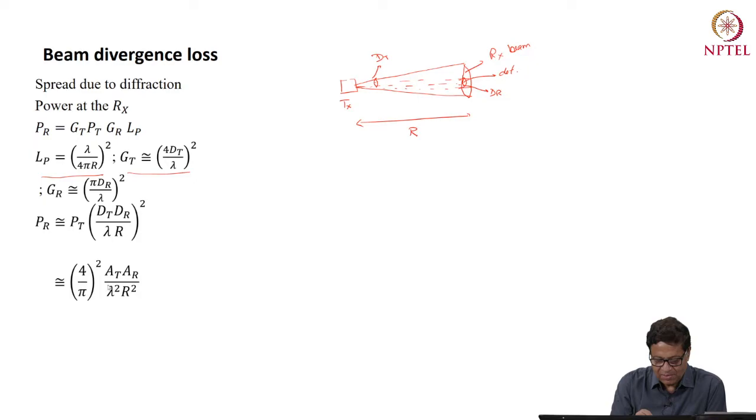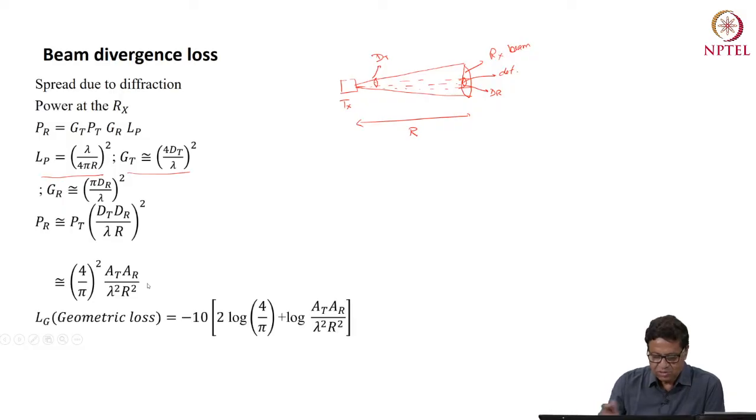So in terms of area, this is 4 by pi whole square into AT AR divided by lambda square r square. So the geometric loss, which is actually the ratio of this, because I'm calculating this in dB, so this will be given by minus 10, this, because of the square comes here, 2 log 4 by pi plus log AT AR lambda square r square. So this is the geometric loss I will face.